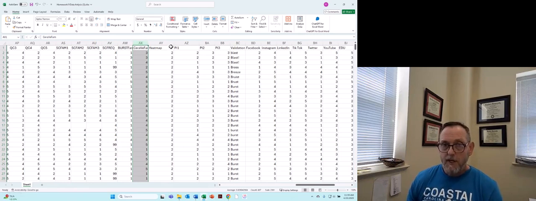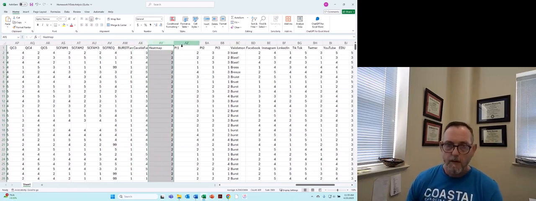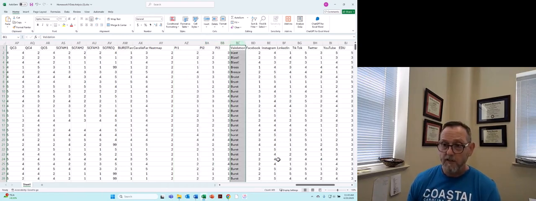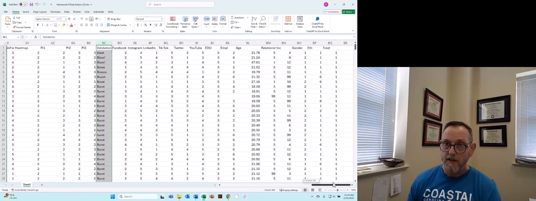There's a heat map question, which we may get into when we start doing some other analyses. And then we have a scale to measure purchase intention, whether people are likely to purchase this product or not. Okay, so let's walk through some of this. There's a validation check, which you've already looked at, and then we have some other things.